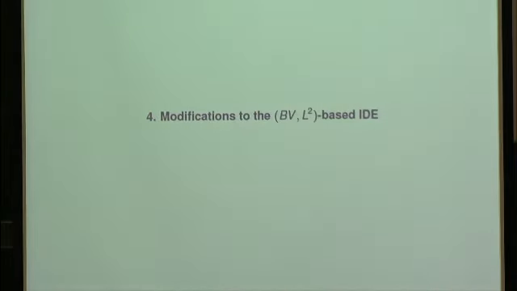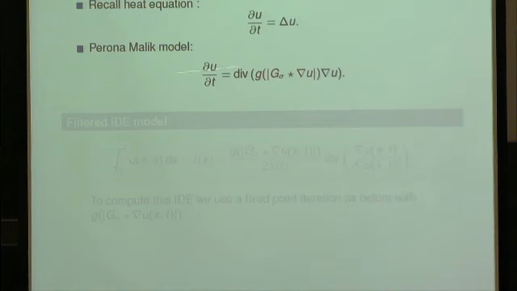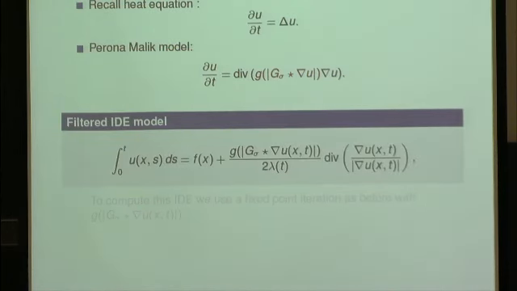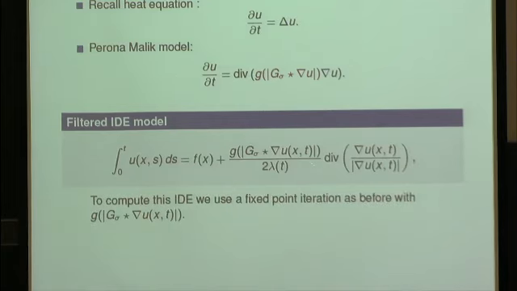Modifications to BV L2. Going back to the heat equation, Perona-Malik is this modification, well, it is not Perona-Malik, Catté's, but anyway. What happens if we apply this g function outside this divergence term? Basically it is the same thing, except that we have this lambda t as a different function which depends on the position.